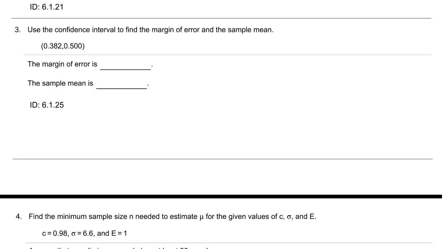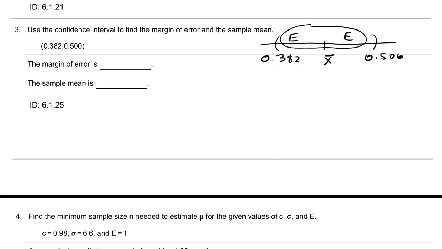So this isn't too bad, because when we're given the confidence interval, if you think about it on a number line, we're being told that from 0.382 to 0.500 is our confidence interval, in the middle would be x bar, and the way we would have gotten the 0.5 is we would have added e to the right, and we would have subtracted e to the left to get the 0.382, meaning that basically the width of this interval is 2e.